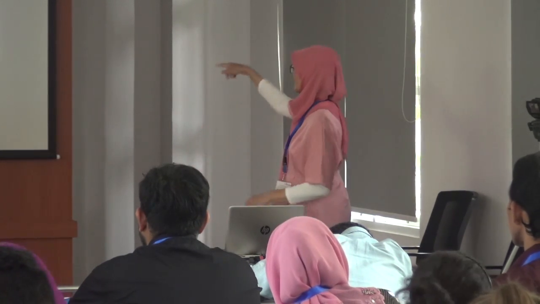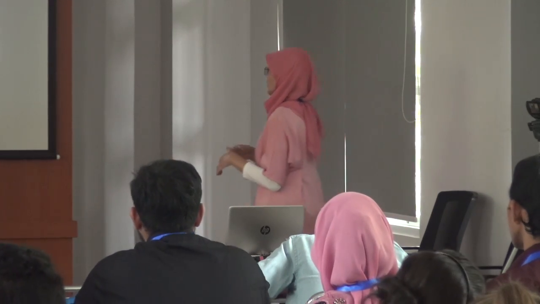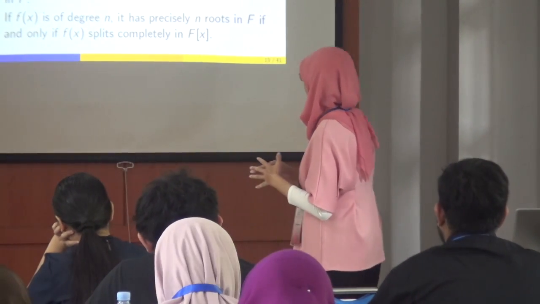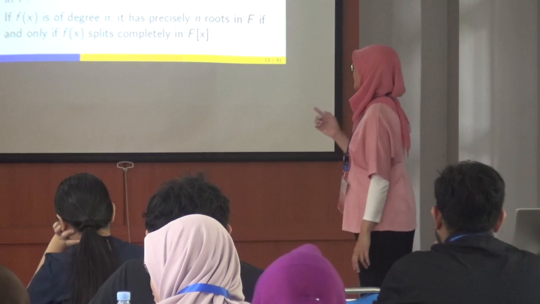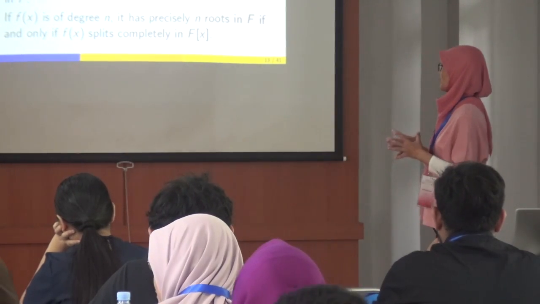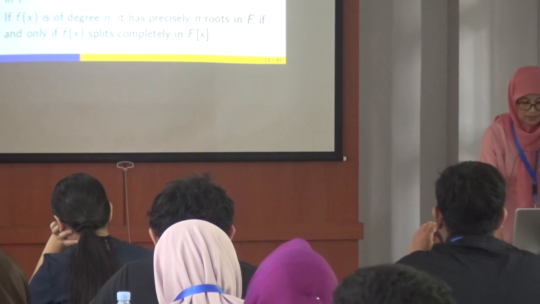Okay, this is more information about the relationship between the degree of the polynomial and the roots. If you know the degree is n, then this polynomial has at most n roots in F, and if it has precisely n roots in F, it means f(x) splits completely in F. You already know this situation.